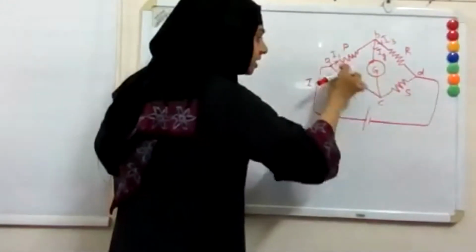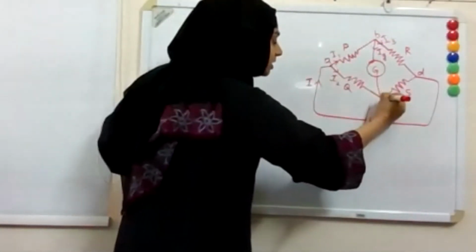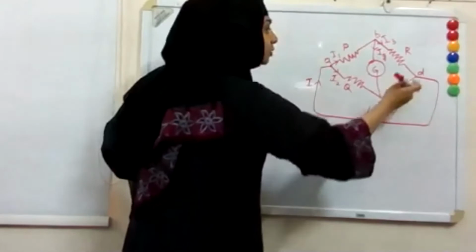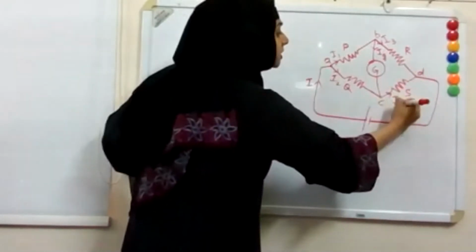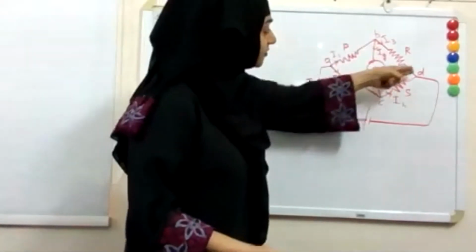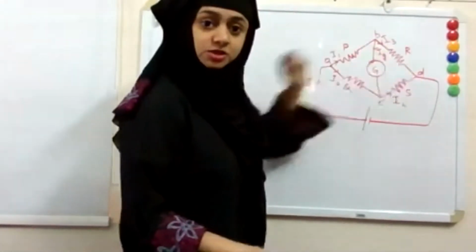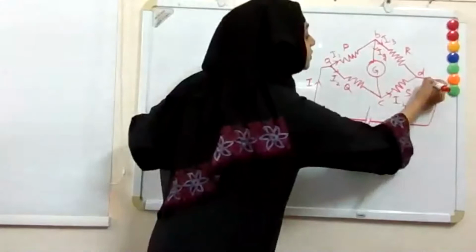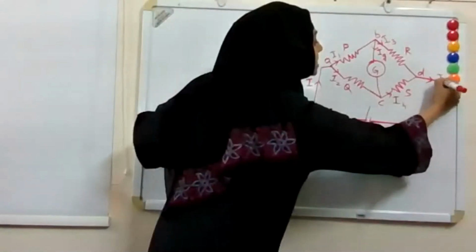IG will come here, and I2 is coming here, so from here both together will go through this resistance. Let me name it I4. Then I3 and I4 join together at the junction d and go again as I.